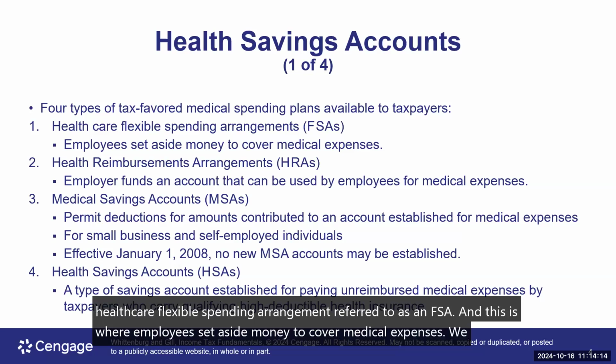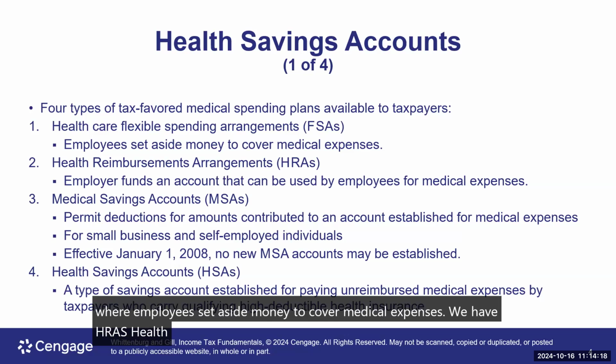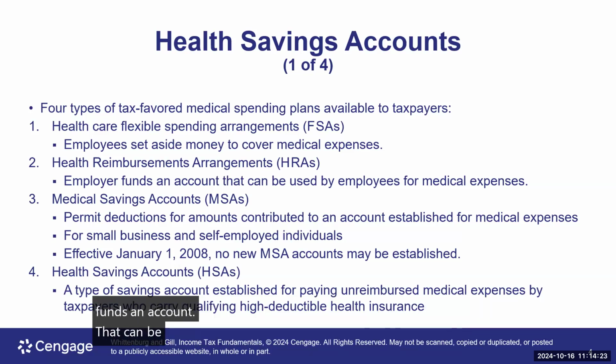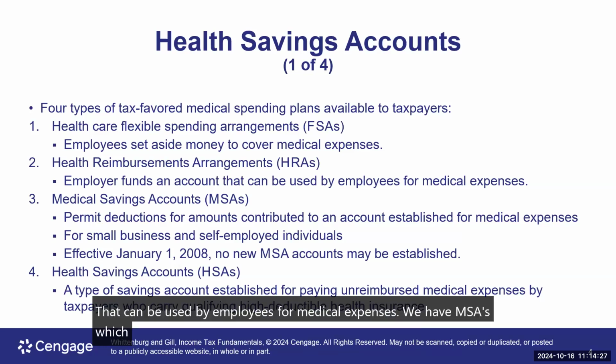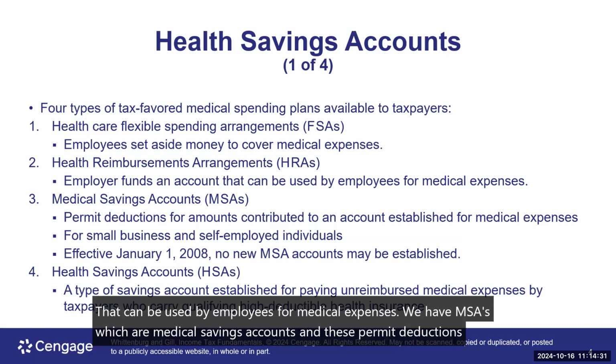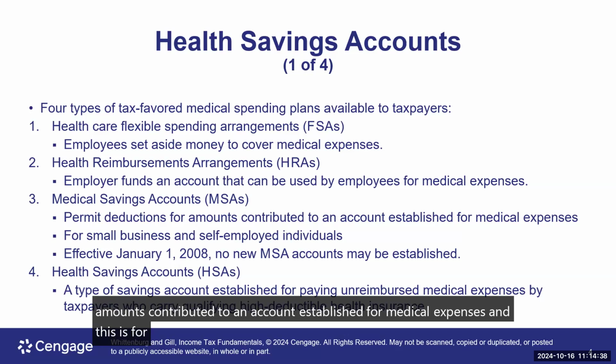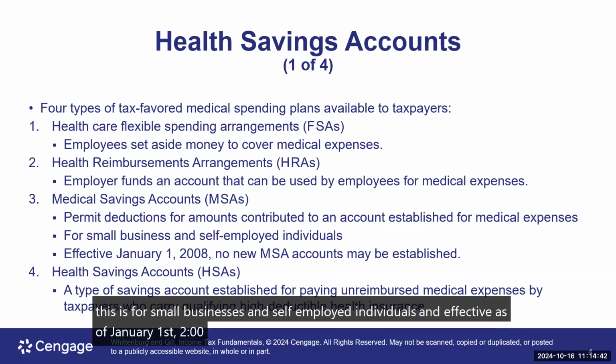We have HRAs, health reimbursement arrangements, where the employer funds an account that can be used by employees for medical expenses. We have MSAs, which are medical savings accounts, and these permit deductions for amounts contributed to an account established for medical expenses. This is for small businesses and self-employed individuals. Effective as of January 1st, 2008, no new MSA accounts can be established.